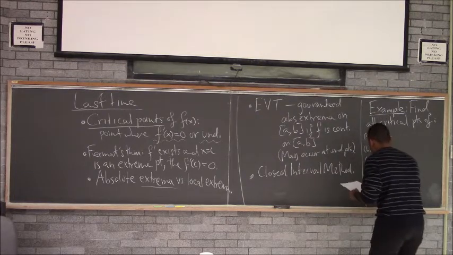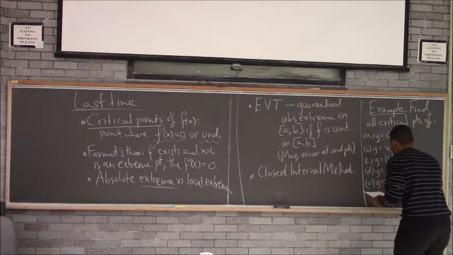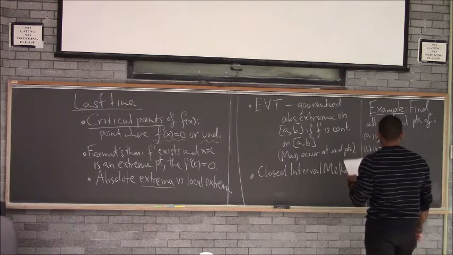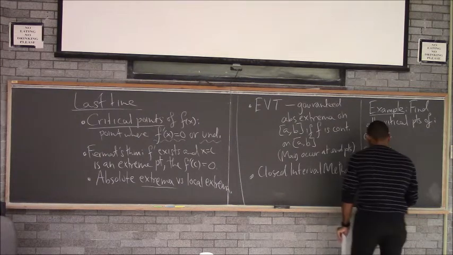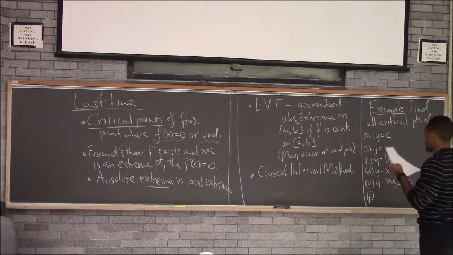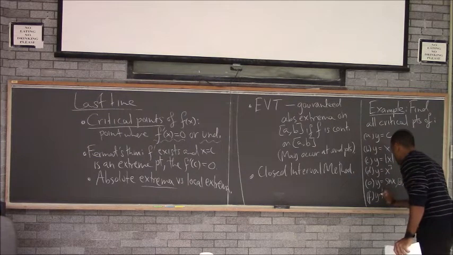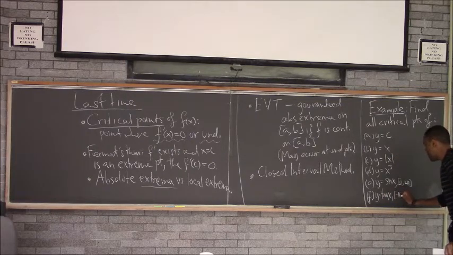E: y equals the sine of x. Let's do that on 0 to 2 pi. F: y equals tangent x. Let's do that on the interval minus pi to pi.